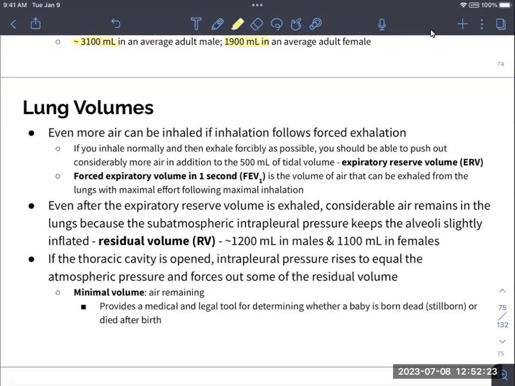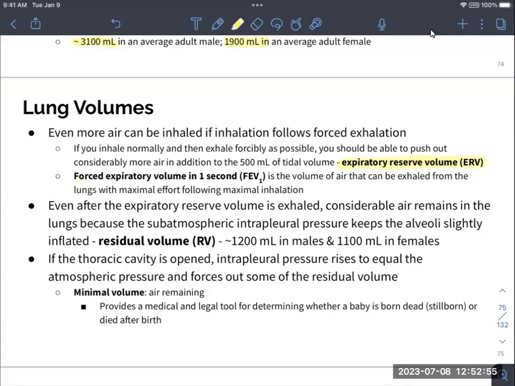If you do that forced exhalation out and then take a deep breath in, you're able to take in more air than during a normal breath, or even a deep breath after a normal breath. So this forced exhalation is the expiratory reserve volume, that extra air that you can forcefully breathe out beyond that normal breath.